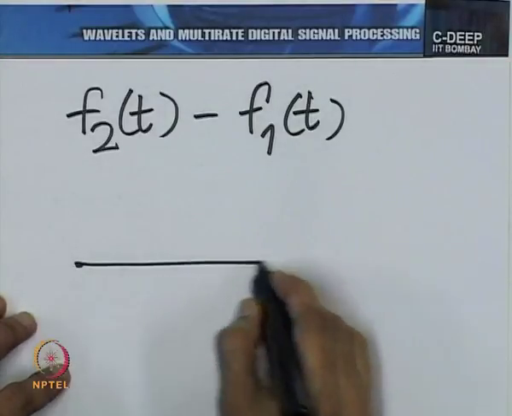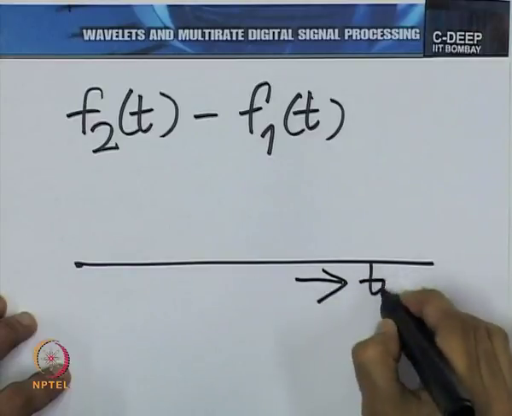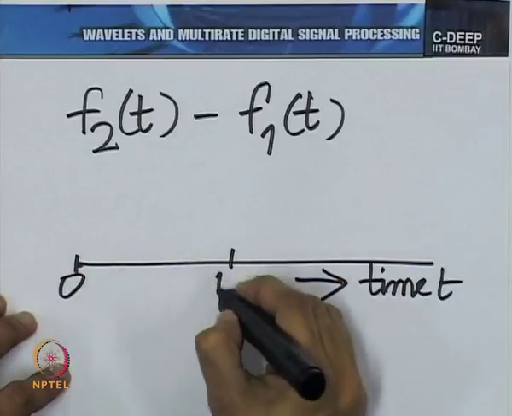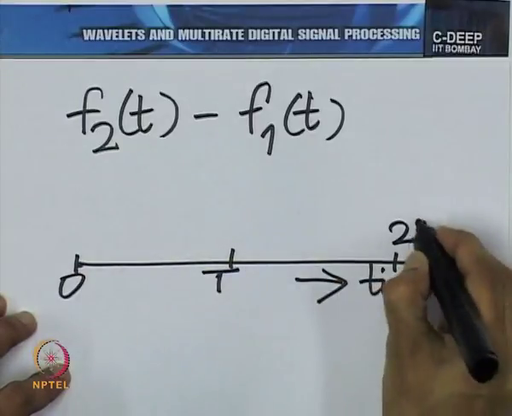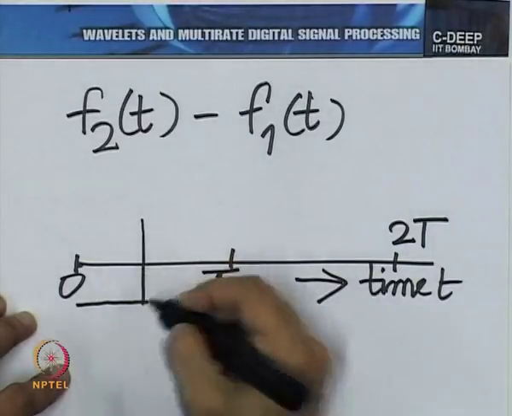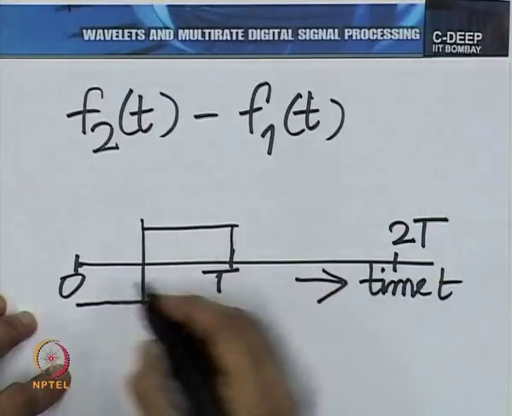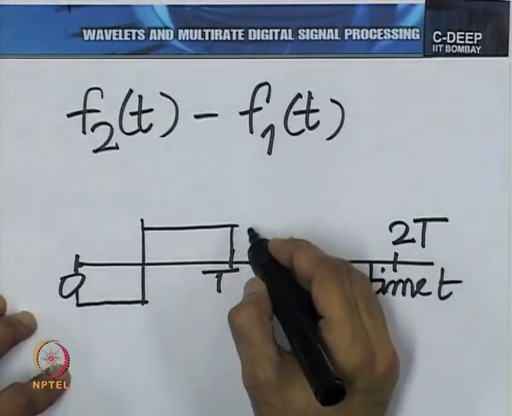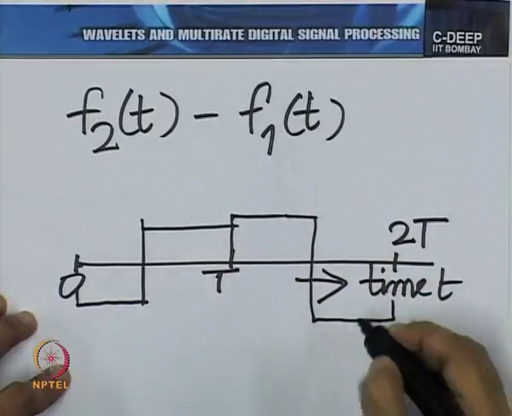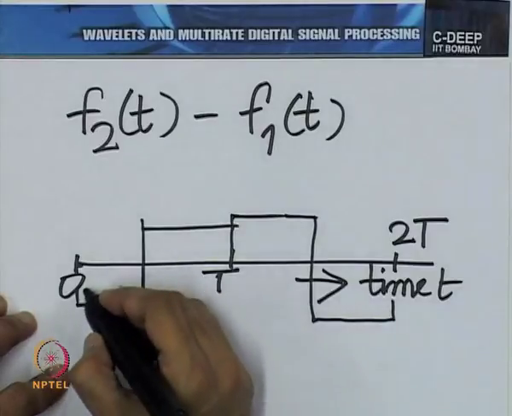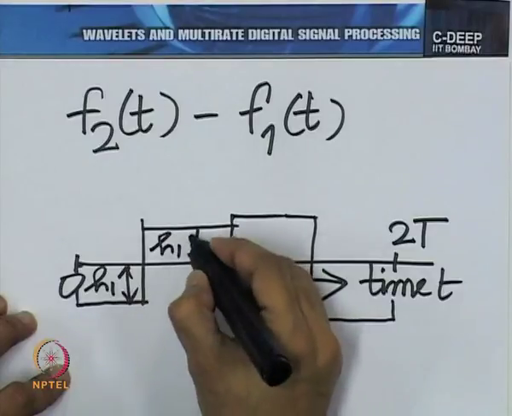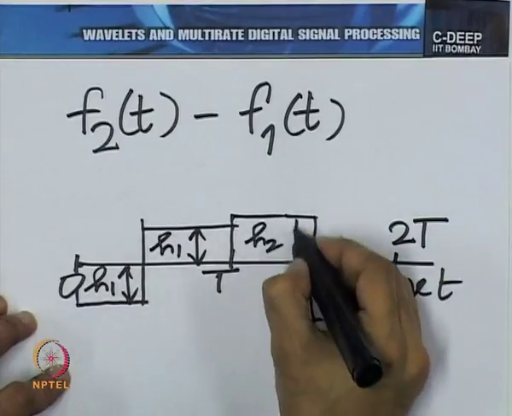So, I have the time axis here. If I mark the intervals of size T there, something like this. Maybe this has height h1 and this has height h2.